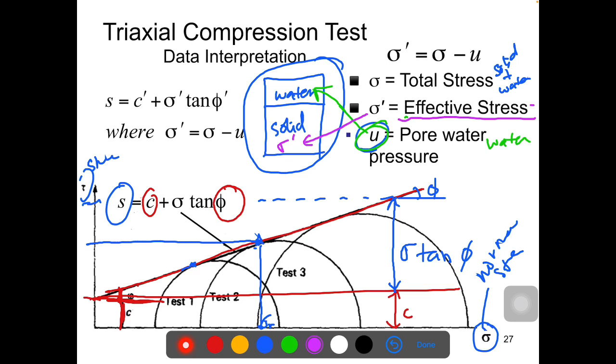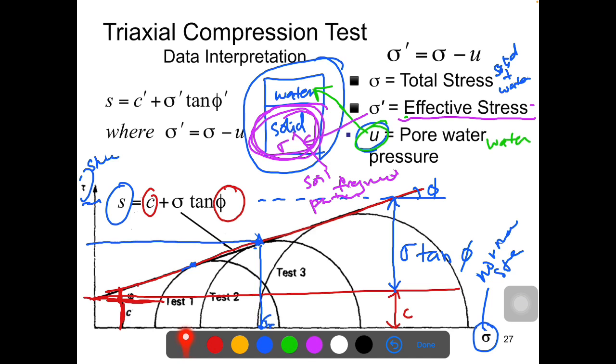Okay, so when we say effective stress, it means the stress is fully borne by the solid. I can't remember the English word. Solid means the soil fragments, particles.